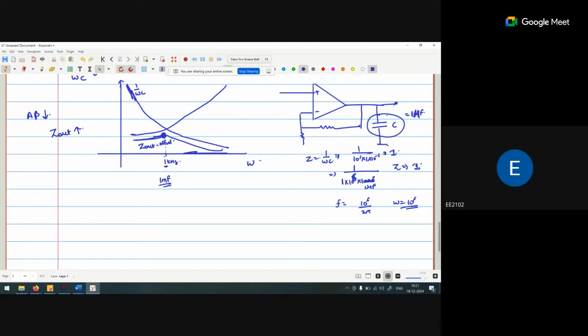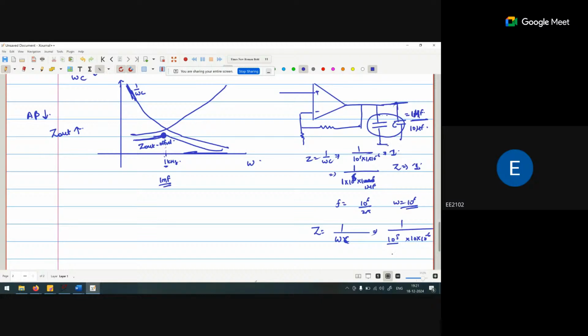So what I do, in place of 1 microfarad, I use two capacitors on the output side, one is the 1 microfarad and one is the 10 microfarad. Now Z is 1 over omega c, capacitor is 10 microfarad, so 10 into 10 raised to power minus 6. Now my frequency is 10 raised to power 5, that means 100 kilohertz.